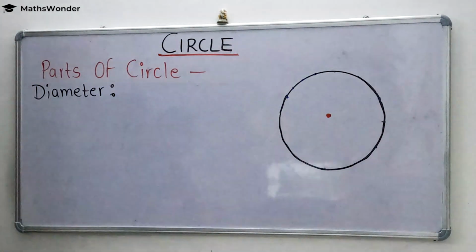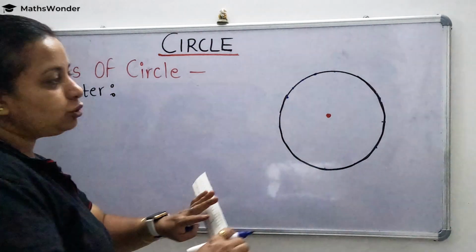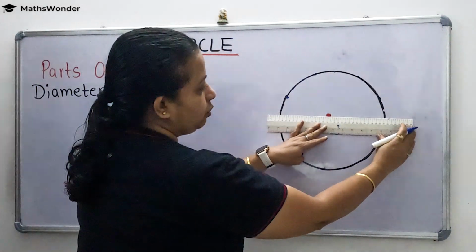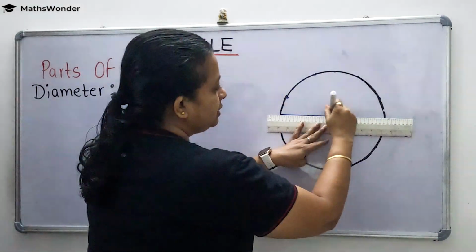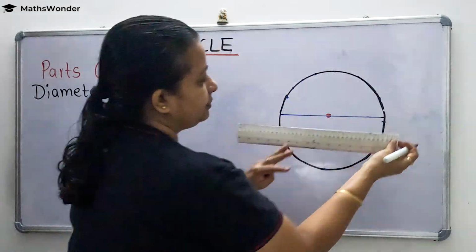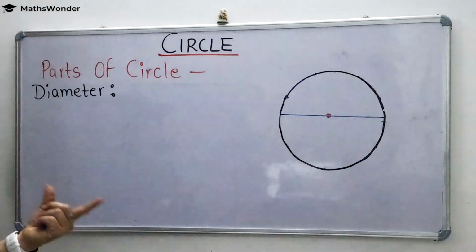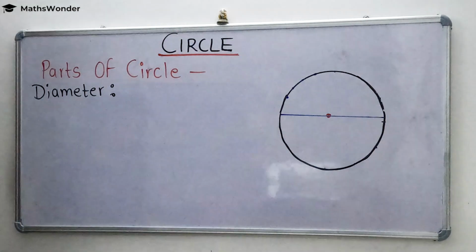The diameter of a circle is a line segment having its end points on the circle and passing through its center. This is very important. It should be passing through the center.